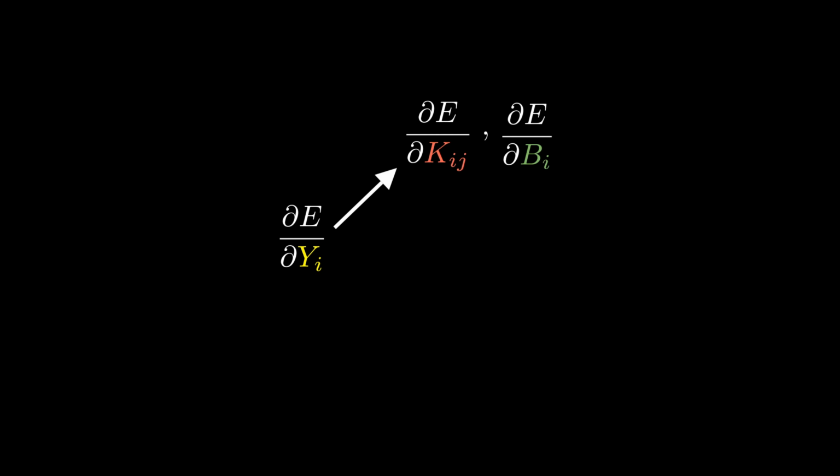On one hand, the derivative of E with respect to the trainable parameters of the layer, namely, the kernels and biases. On the other hand, we need to compute the derivative of E with respect to the input of the layer, so that the previous layer can take it as the derivative of E with respect to its own output and perform the same operations.